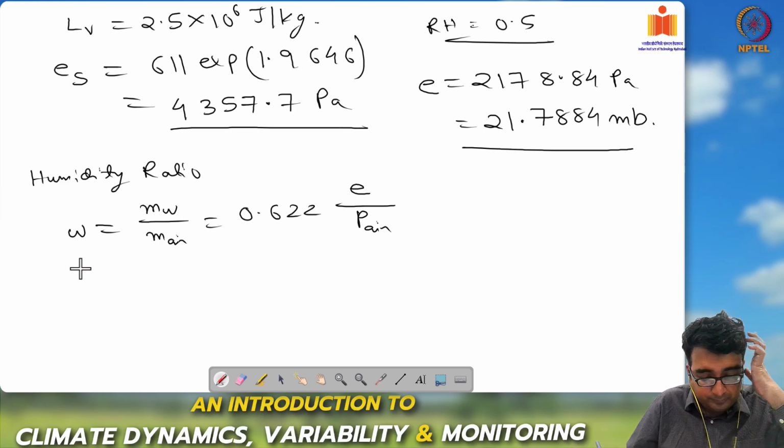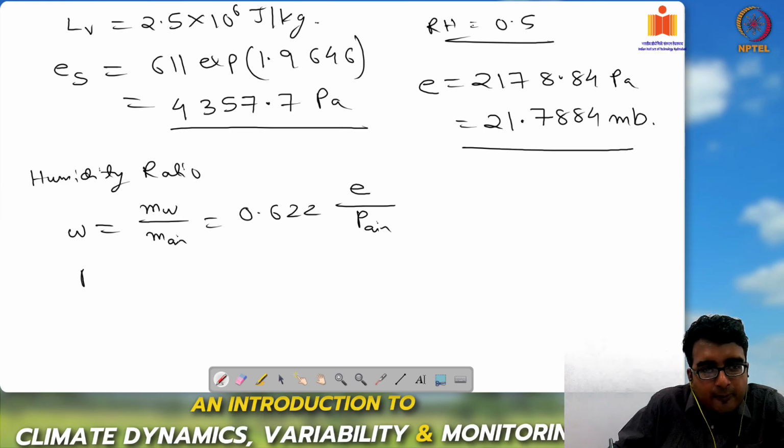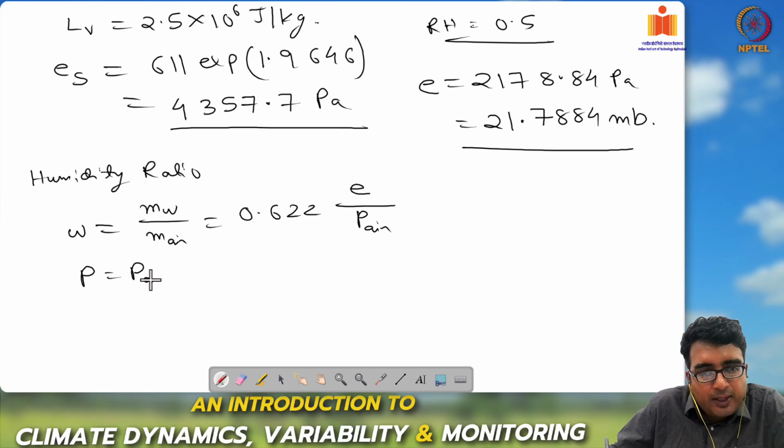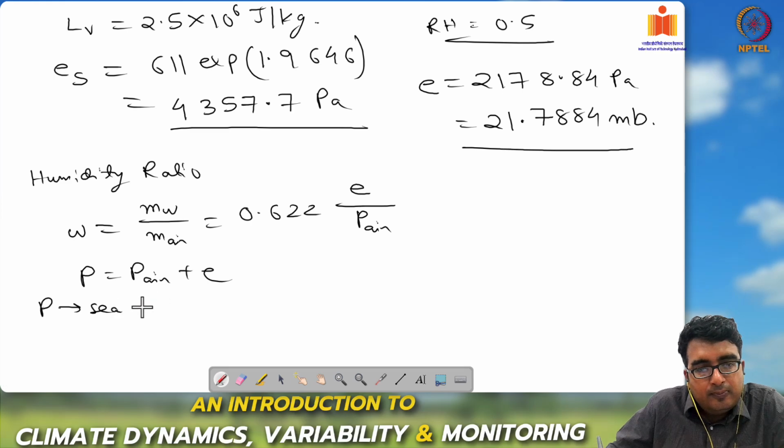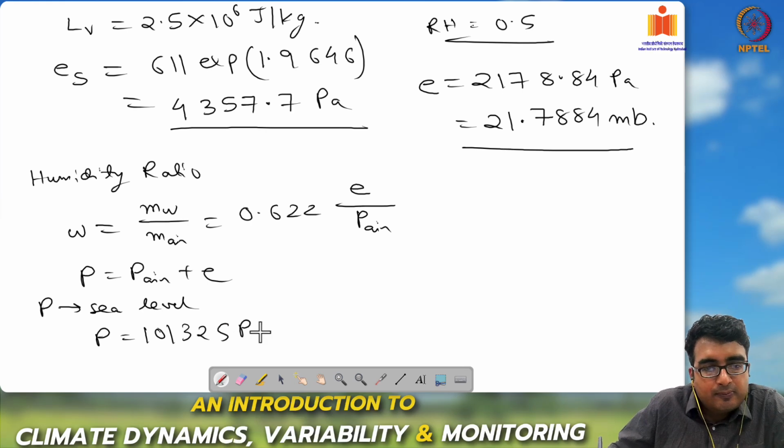But P equals P of dry air plus E. Here pressure is sea level. So P is equal to 101,325 pascals.